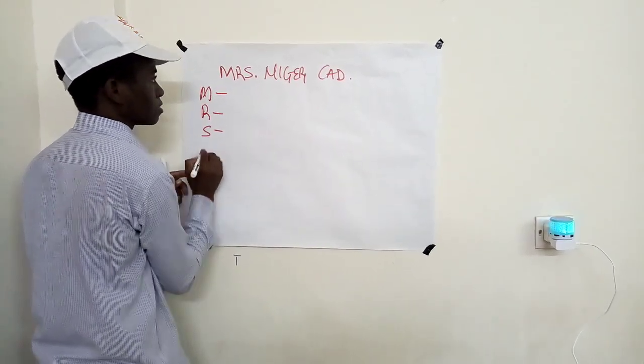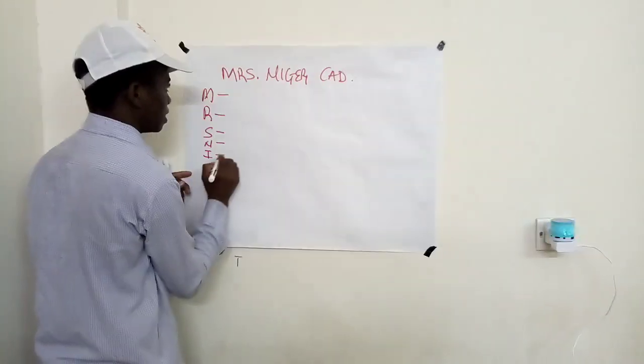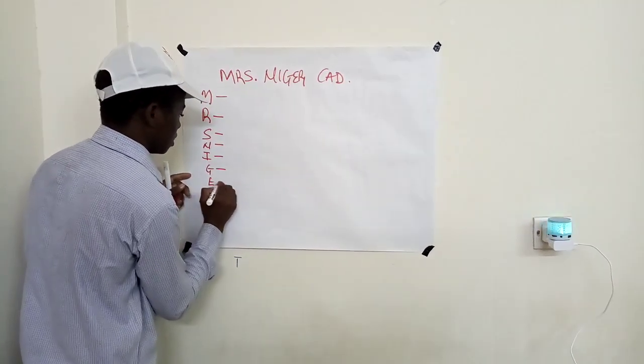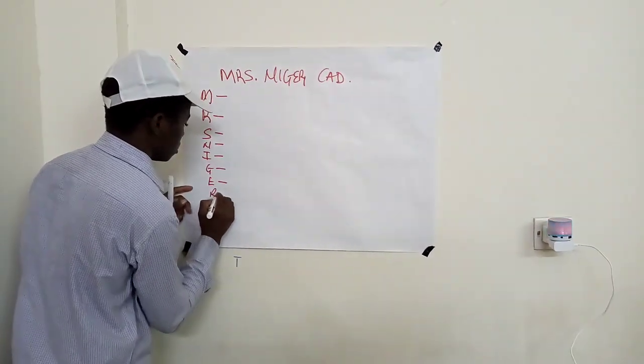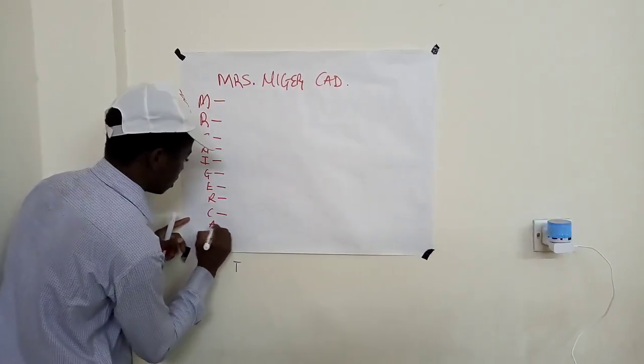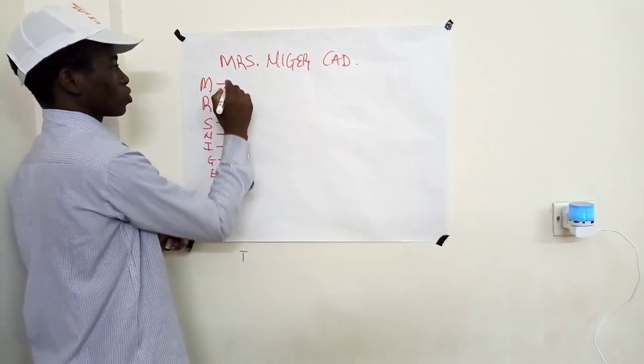This is S, this is N, this is I, this is G, this is E, this is R, this is C, this is A, and this is D. So, this first one is movement.